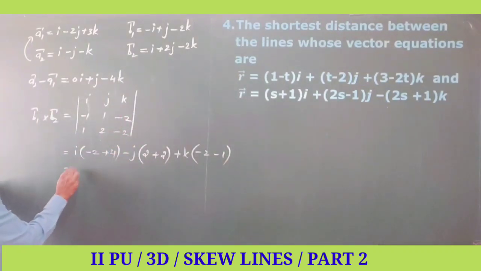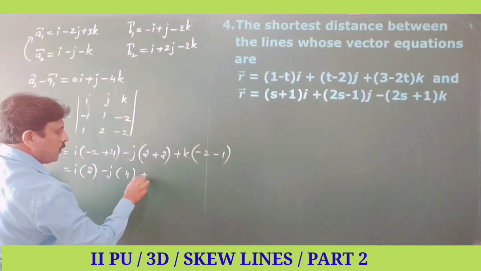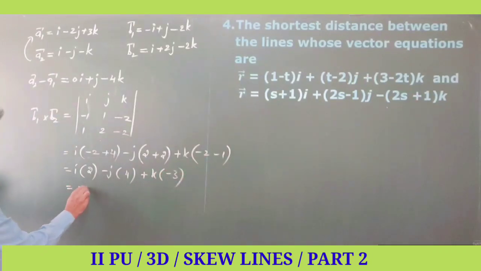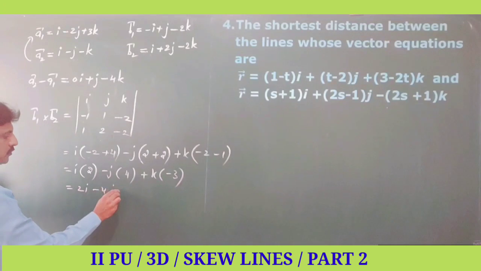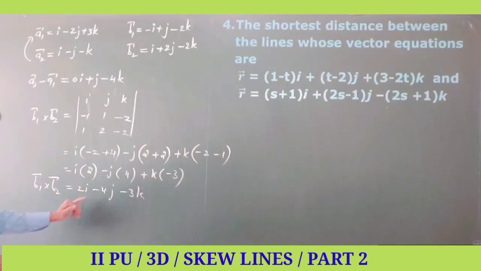Simplify: i into 2, minus j into 4, plus k into minus 3. So b1 cross b2 equals 2i minus 4j minus 3k.